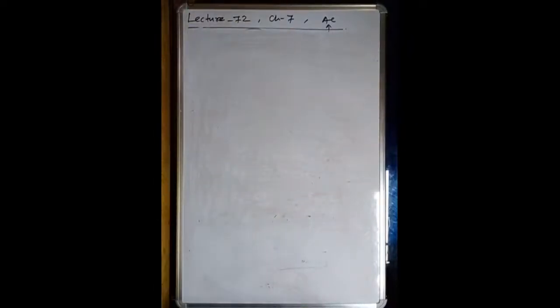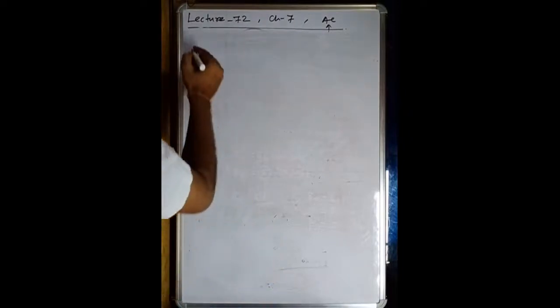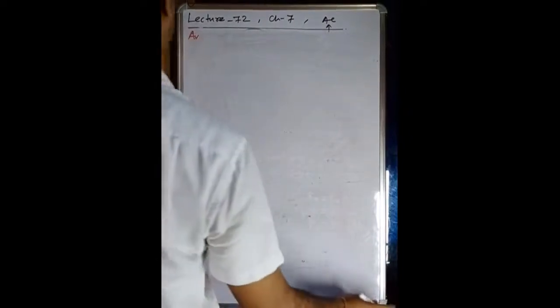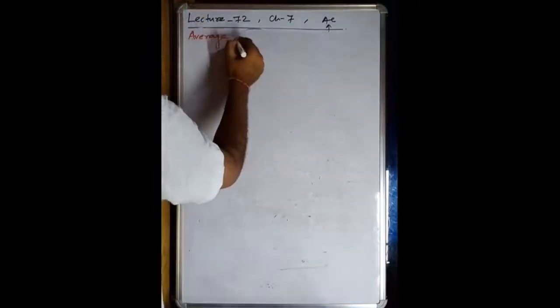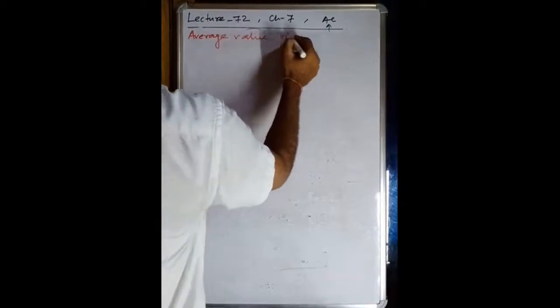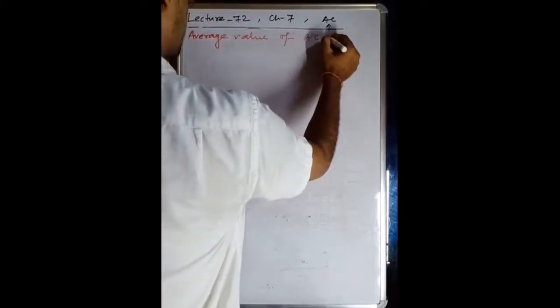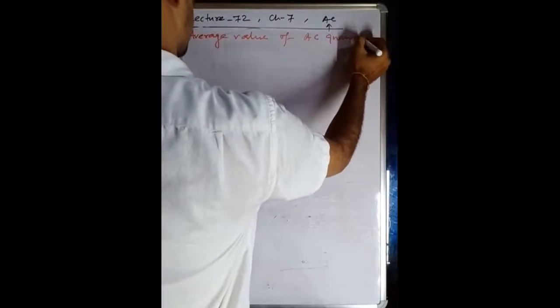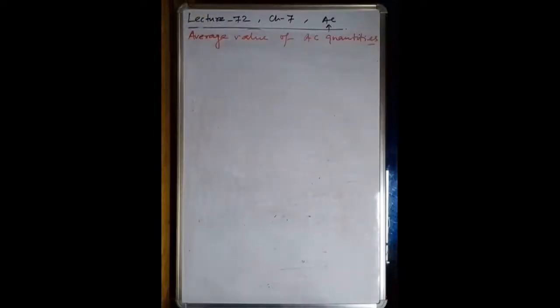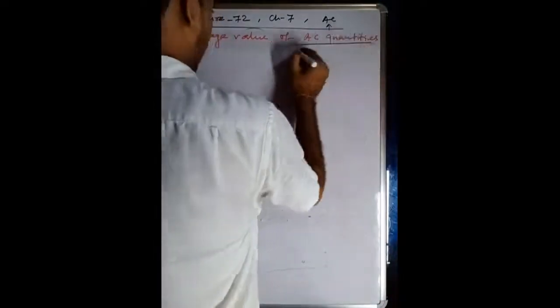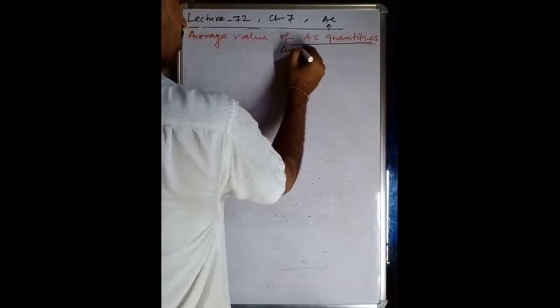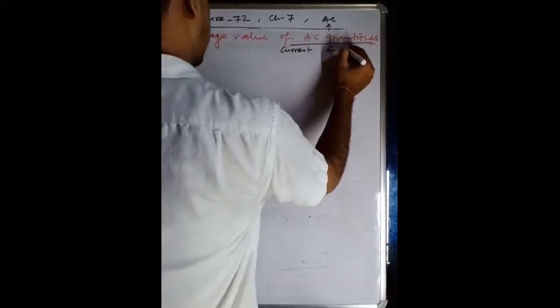Okay, now give the heading: average value of AC quantities. Of course, we are talking about average value of current and voltage.